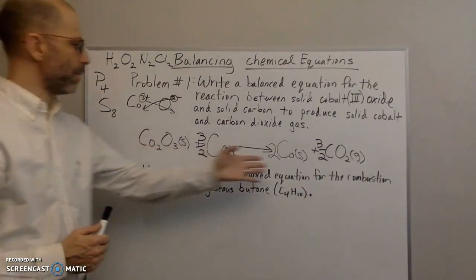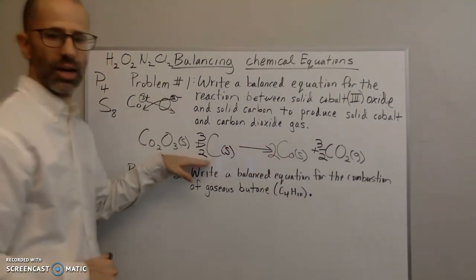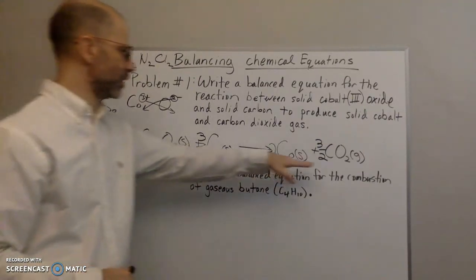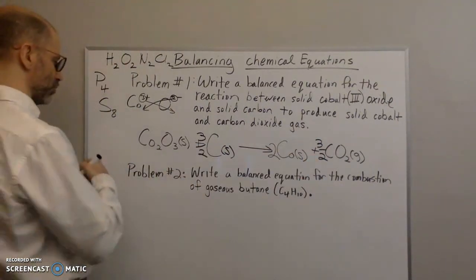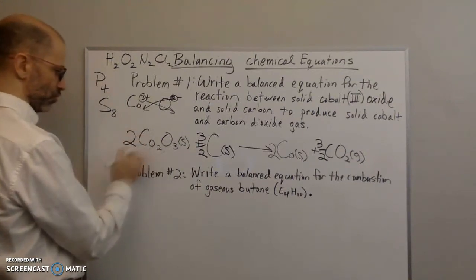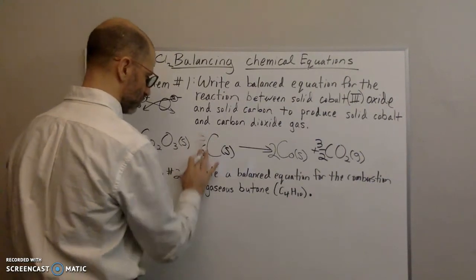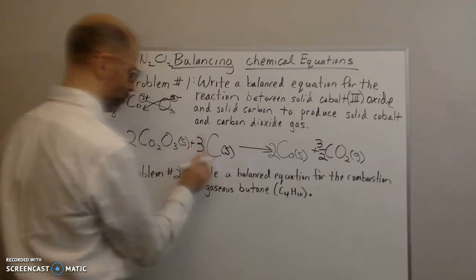Okay, so now we have a balanced equation. Now we can't leave it like this because we have the fractions. So to get rid of the fractions, the denominator is 2, so we multiply everything by 2. We multiply this by 2, so that's going to be 2. We multiply this by 2, but that's going to get rid of the 2, and you'll have a 3.